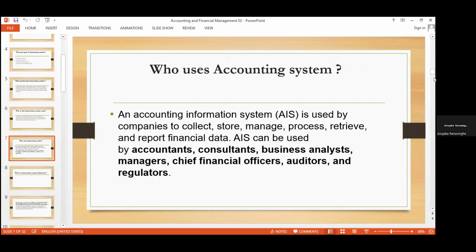Who uses the accounting system? We already know this. Please tell me, one by one in your group. Who uses our accounting system? We discussed it in the last lesson.